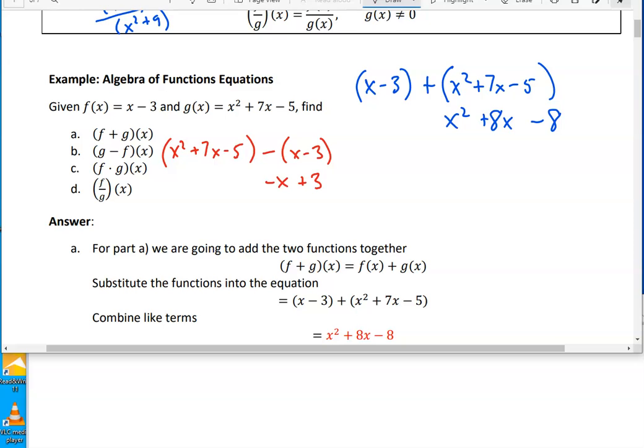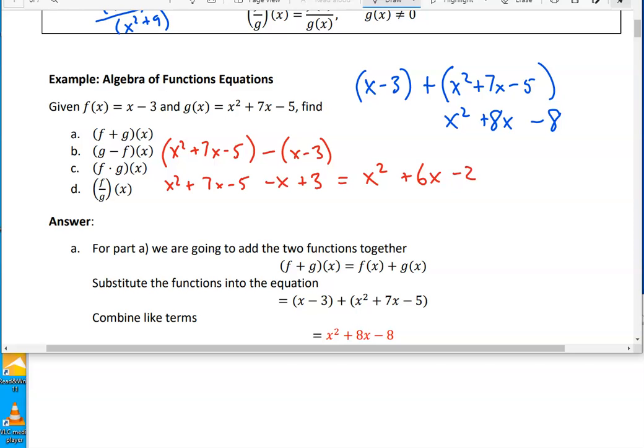Now this can stay the same, so I've got x squared plus 7x minus 5. Now what do I get? There's no other x squareds around, so I still have one x squared. There's a 7x minus an x, that gives me a 6x left over. And there's a minus 5 and a plus 3, that becomes a minus 2.